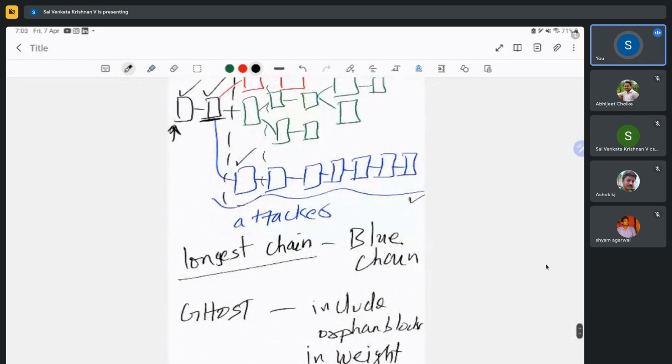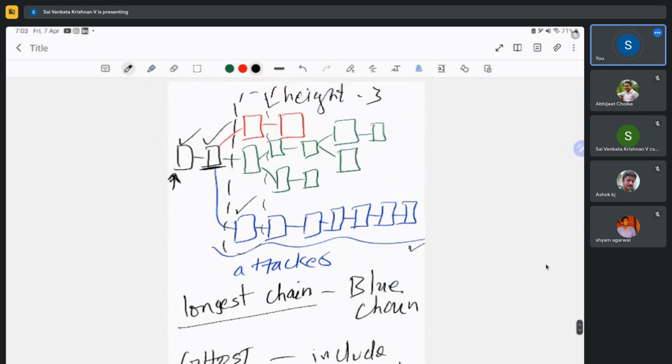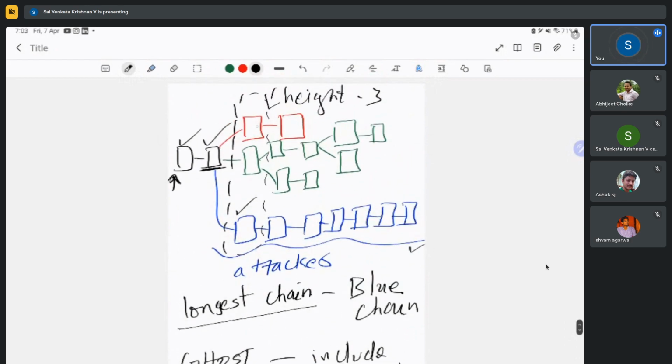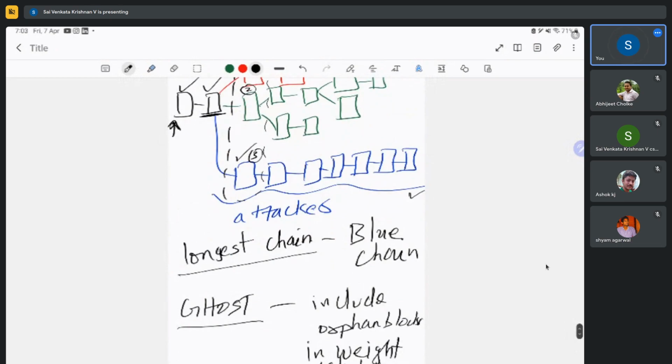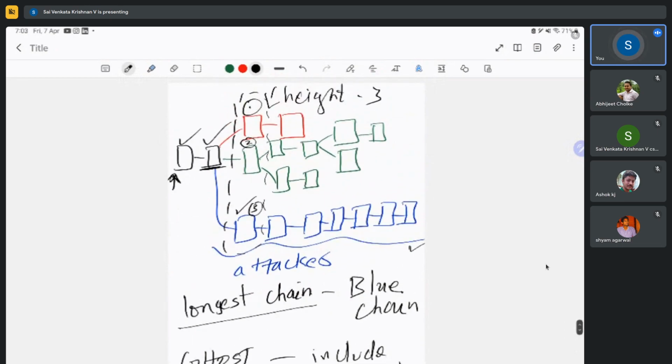Whereas in the GHOST protocol, it will look at which among these three blocks, say this is 1, 2 and 3, has the most children, right? So in the GHOST protocol, this green block would be selected.